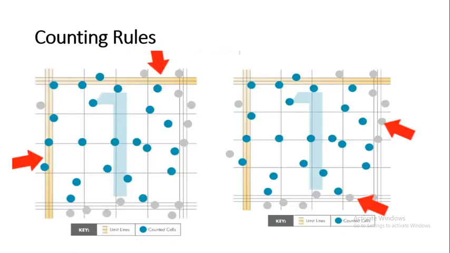Now understand how the cells are counted on the triple lines. When the cells are on the triple lines, to ensure the cells are not counted twice, include the cells on two sides out of the four sides of each square. As an example, include the cells touching the top border and the left border, but exclude the cells touching the bottom border and the right border.